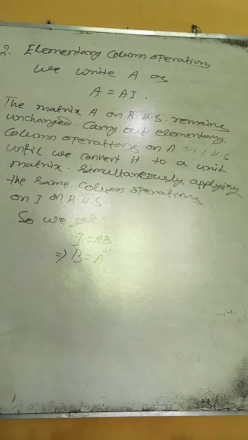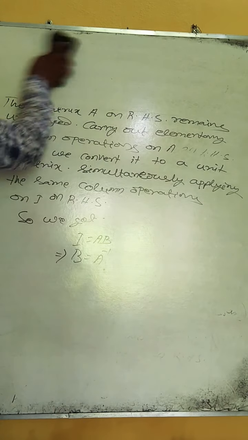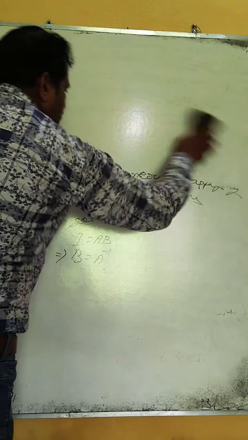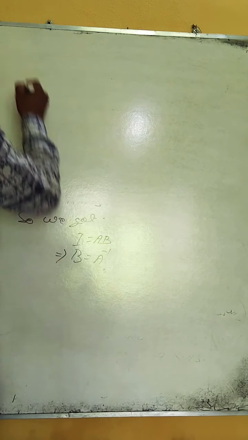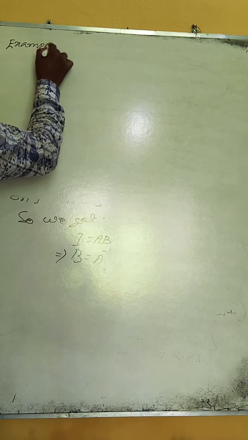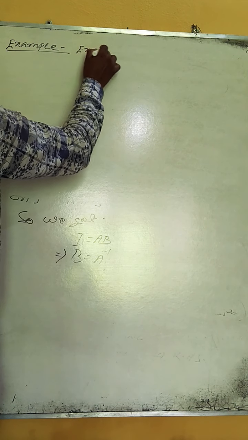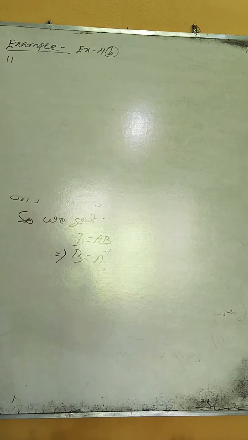Okay. Now we discuss an example using row operations. Find the inverse of a matrix. Example from your exercise 4B number 11.